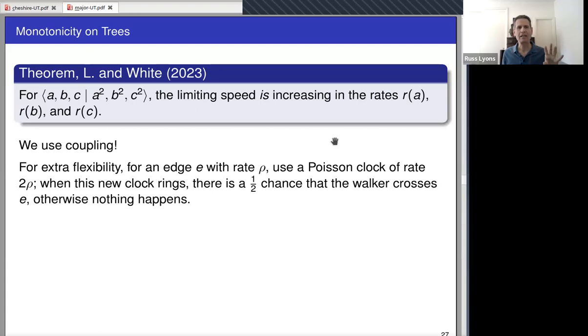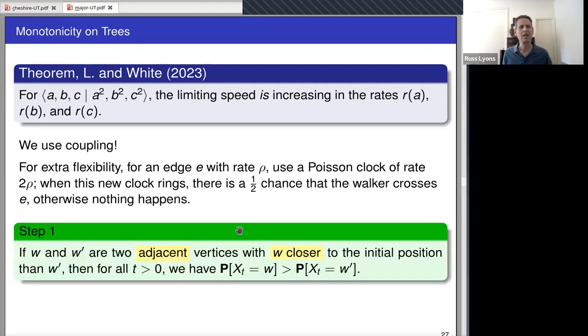In order to have flexibility, it turns out, use a common idea. Instead of using Poisson clocks of rate rho, use Poisson clocks of rate 2 rho, but now when it rings, flip a coin. And if the coin lands heads, you do cross the edge that corresponds to this clock, otherwise you don't move.